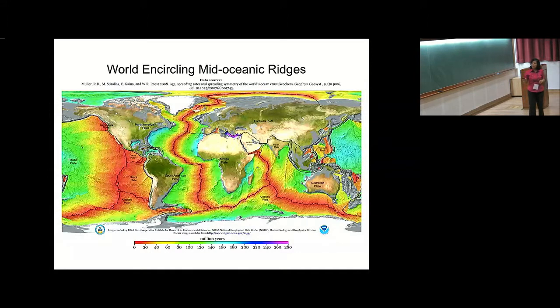Where you find this really young ocean floor, these are called the mid-oceanic ridges. These are ridges that run right through the middle of the oceans, and that's where you find very, very young rocks.